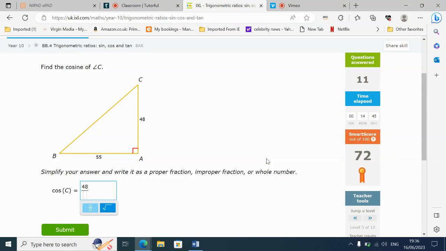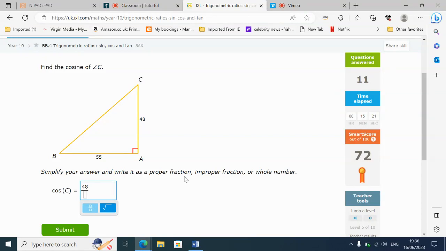So I would add those numbers up. Did you square them first? What's 48 squared? 48 squared is 2,304. Add 55 squared, which is 3,025. 3,025 plus 2,304 is 5,329.